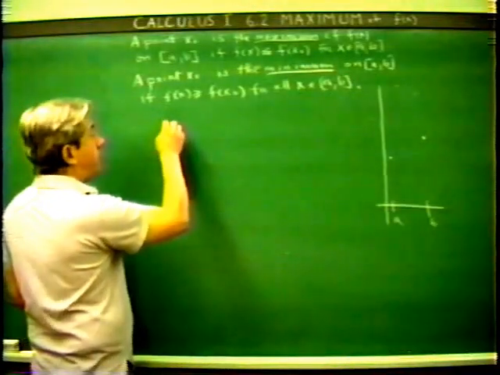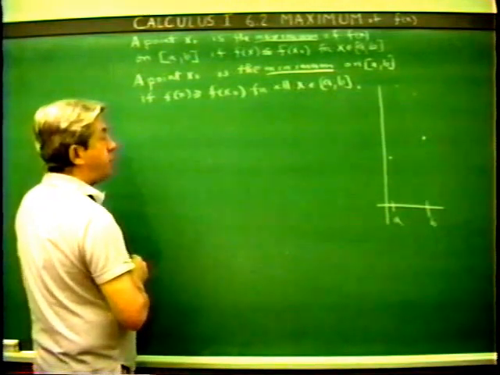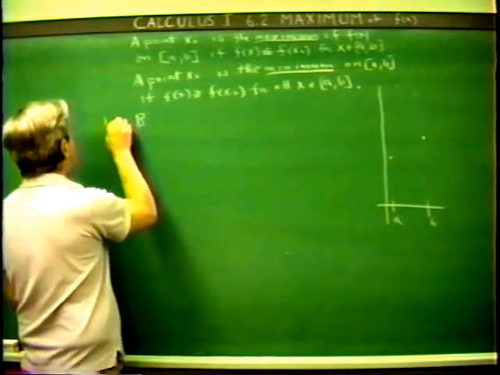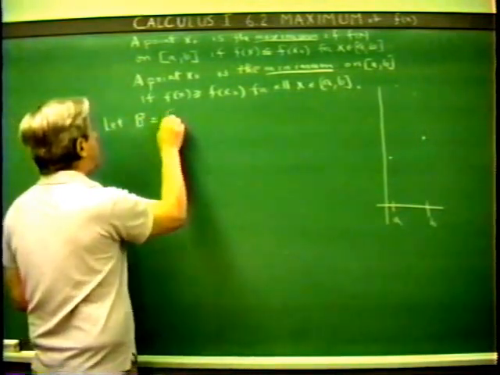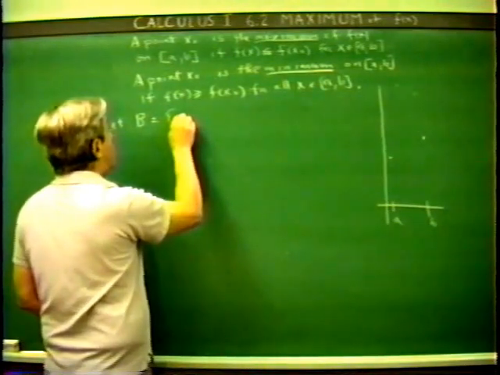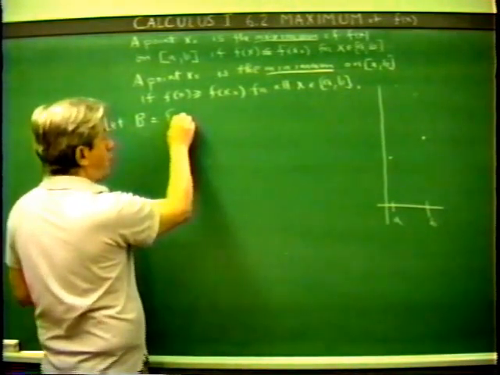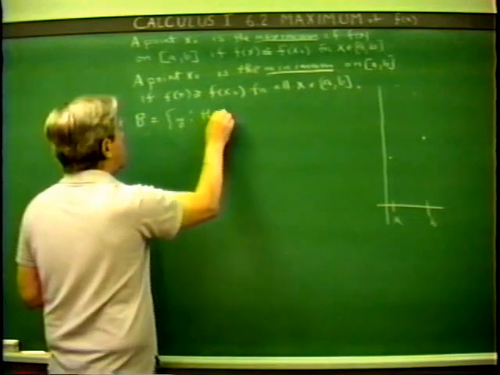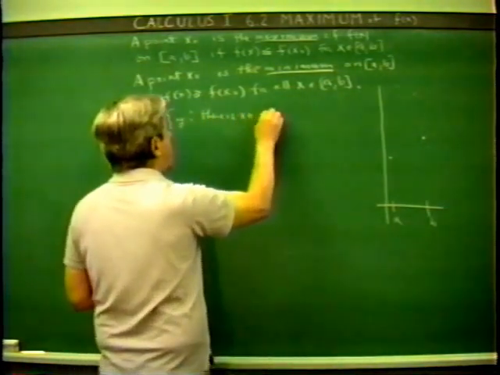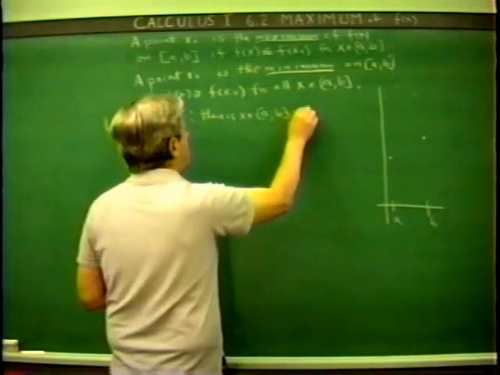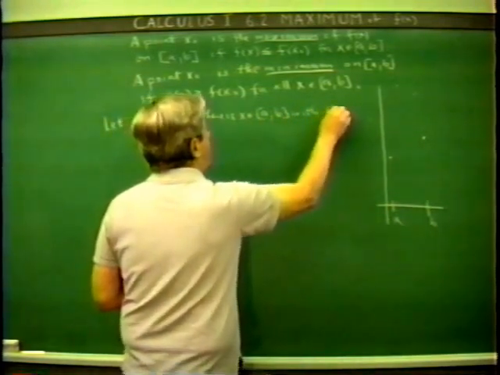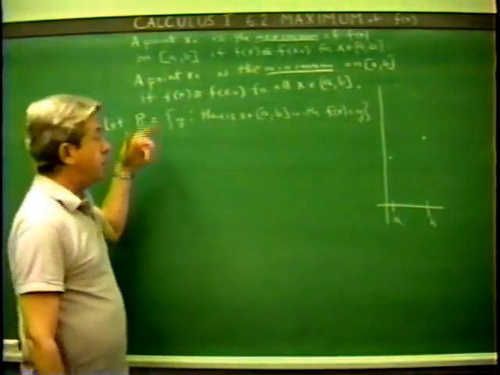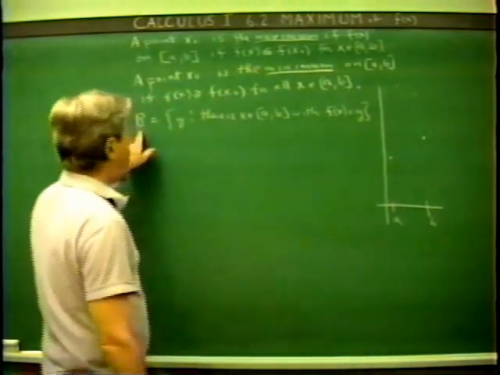Okay, well we know now that f is bounded above. So if we look at the set B, we let B be equal to the set of y such that there is an x in AB with f of x equal to y, then B is nonempty, because f of A is one of these points.